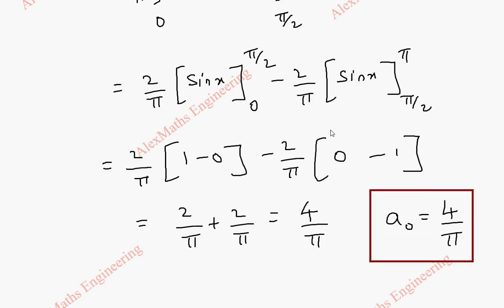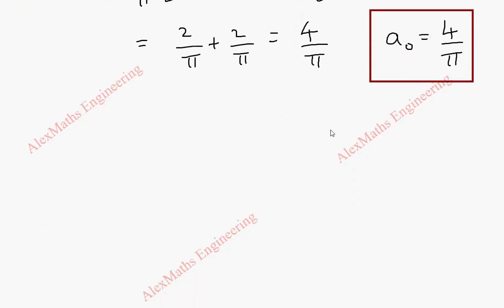Now an we have to find. So by formula, an is equal to 2 by pi integral 0 to pi f of x into cos nx dx.